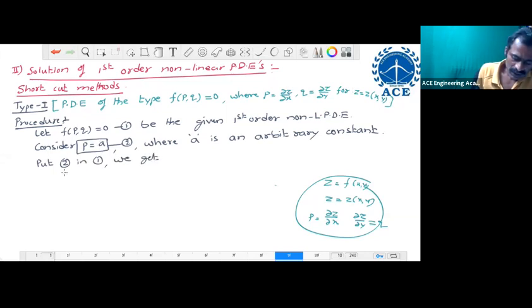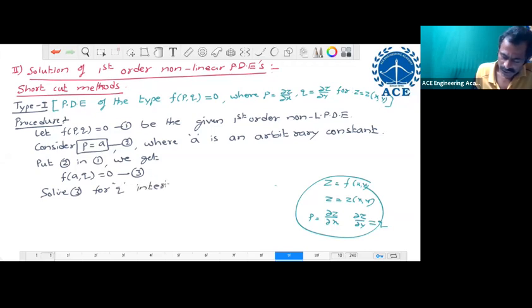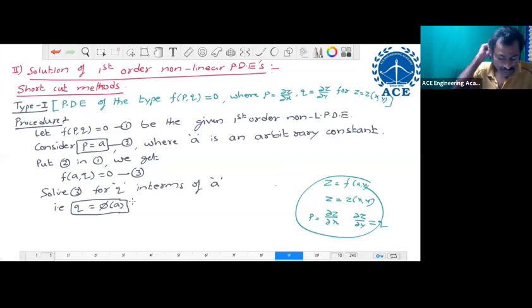In place of p, write a. We get f of a comma q equal to 0, equation 3. Next, solve equation 3 for q in terms of a. That is, q equal to phi of a.